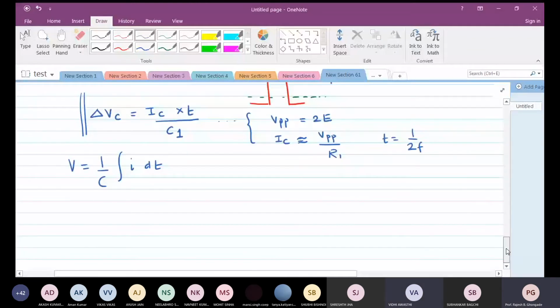Now, if I assume that current is constant, what will happen? V equals 1 by C times I, which is constant, into T. So V equals I into T divided by C. This is the equation that we are using.